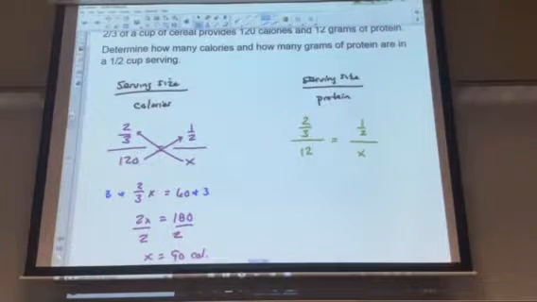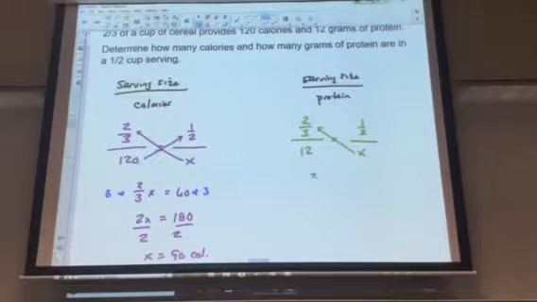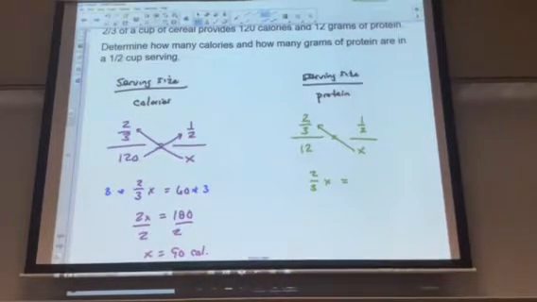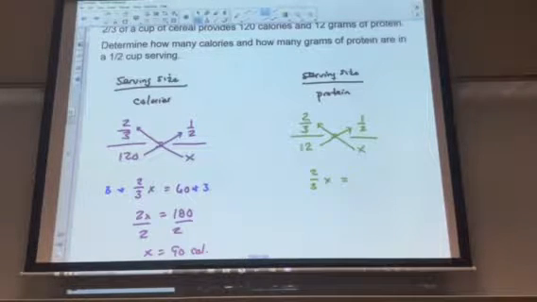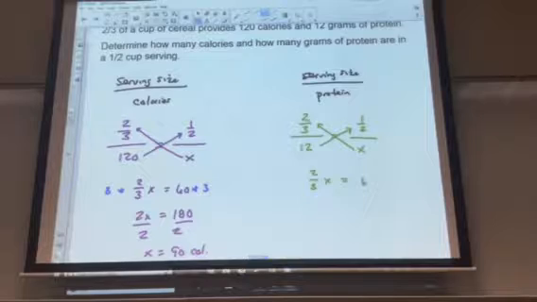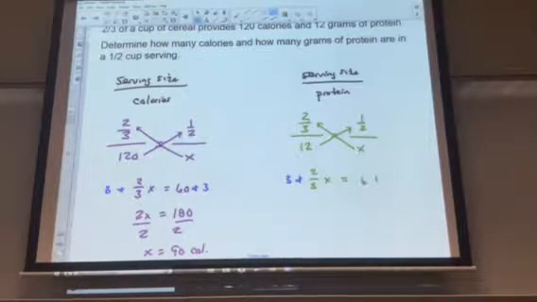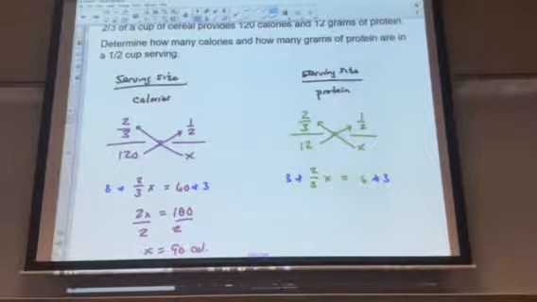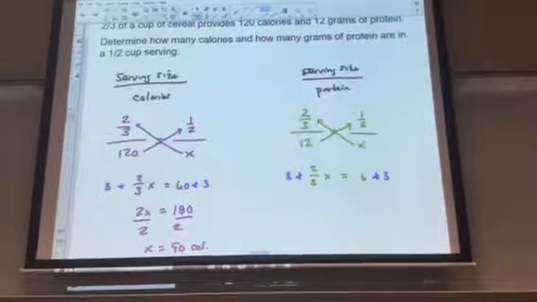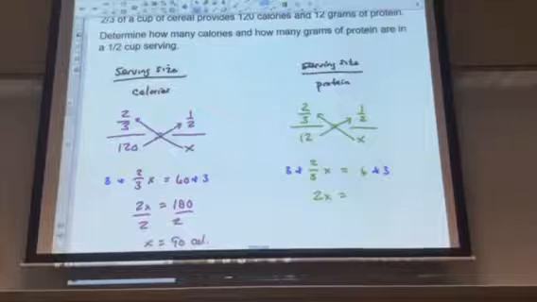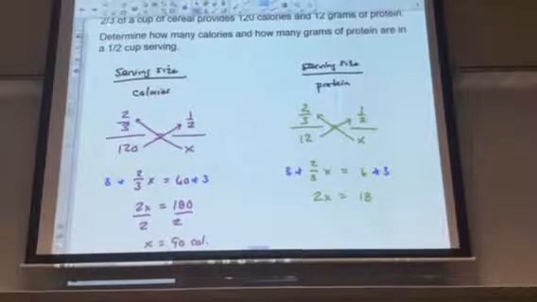So in this case, same type of situation. We're still dealing with the 2/3 cup of cereal times X, and we're dealing with the 1/2 of the 12, giving us a value of 6. So now we're down to, again, deciding that we want to get rid of the denominator in the problem, and that puts us right back at the 2x is equal to 18.